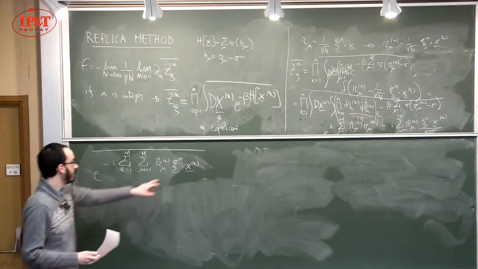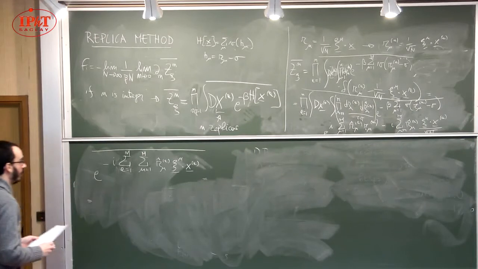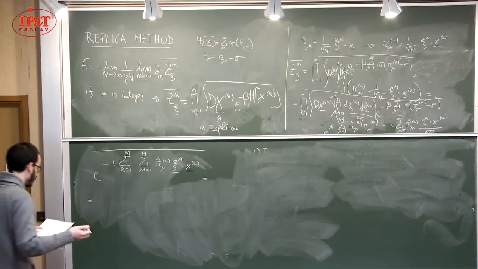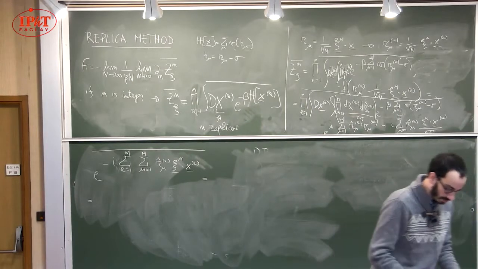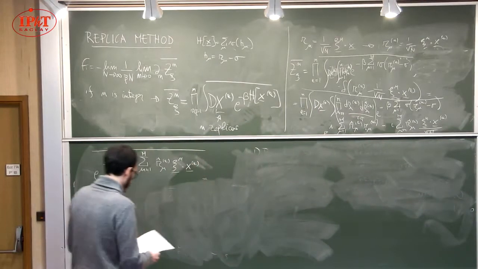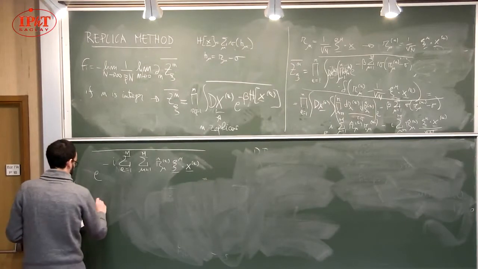So you can integrate over all the components of the random vectors. So it's just a Gaussian integral. And what it gives, it's just the exponential.